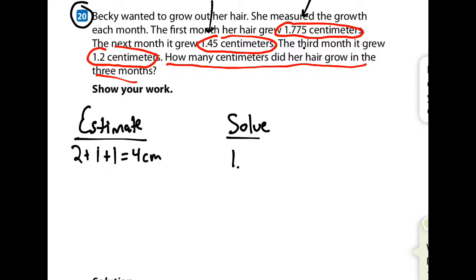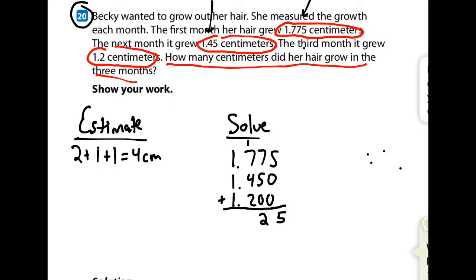So let me line up my decimals, 1.775, 1.45, and I'm going to fill in a 0 there, and 1.2. I'm going to fill in 2 zeros there. Add them up. 5, 12, write the 2, carry the 1. And then I have 7, 8, 12, 13, 14.